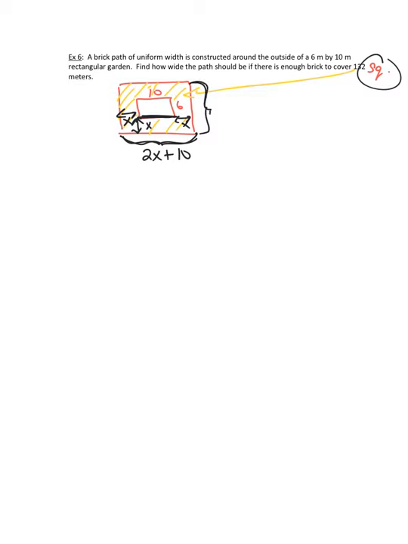And the outside width over here is 6 plus an x up here and an x down there, so it's 2x plus 6. If you multiply 2x plus 10 times 2x plus 6, that represents the area of both the walkway and the garden.